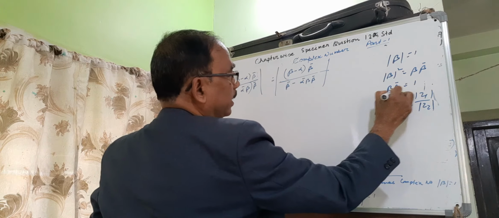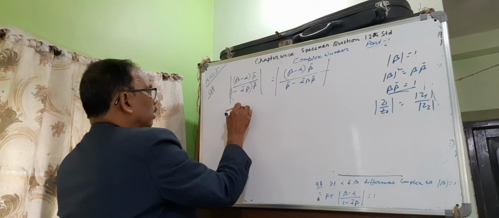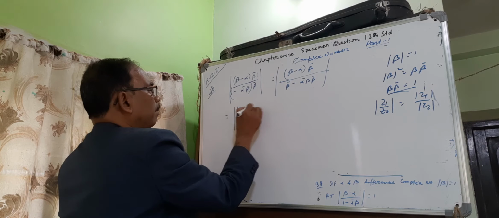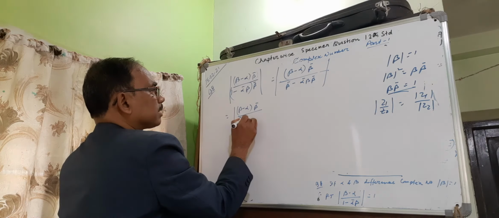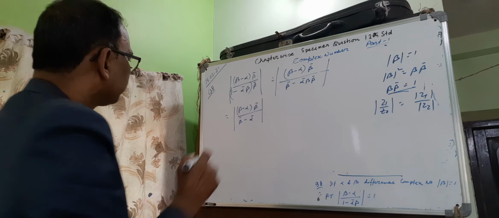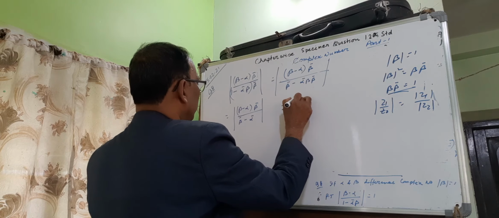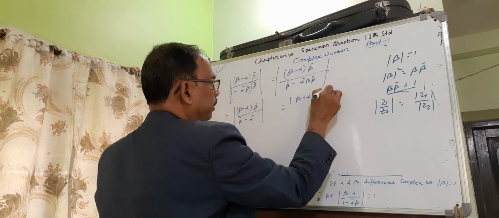We know ββ̄ is 1, so this is |(β − α)β̄| over |β̄ − ᾱ|.